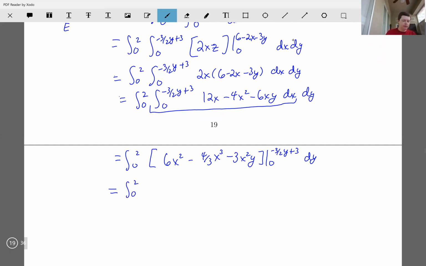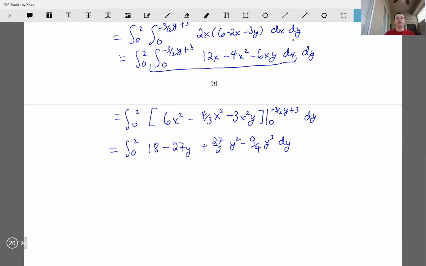Skipping all the algebra, we end up with the integral of 18 minus 27y plus 27 halves y squared minus 9/4 y cubed dy. To be fair, I used a computer algebra system to minimize my chance of making a mistake.